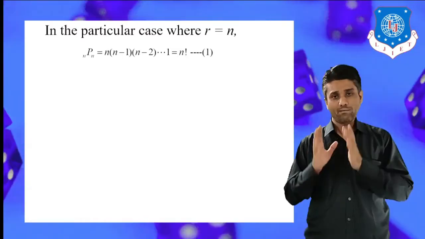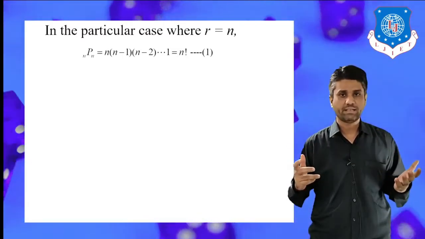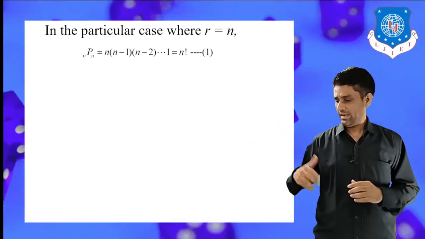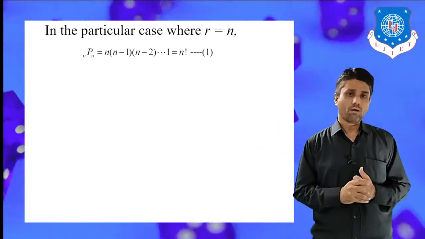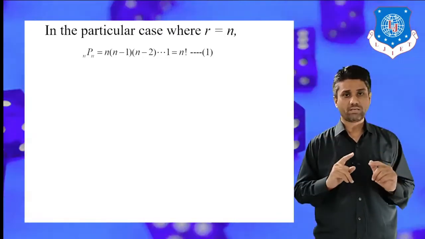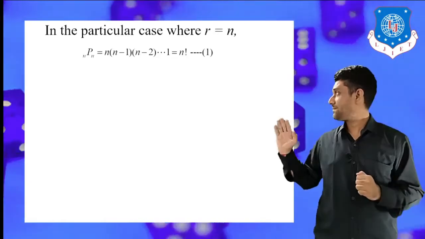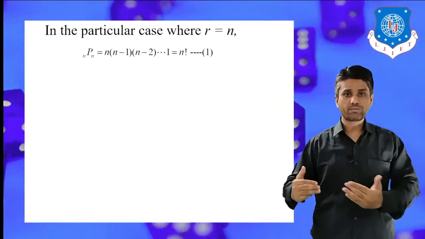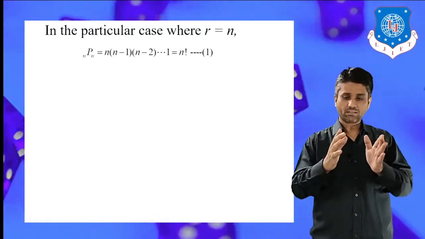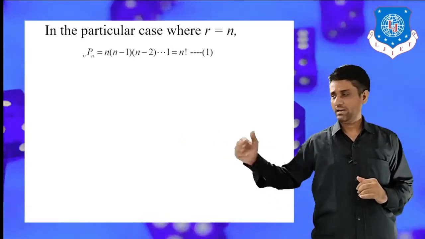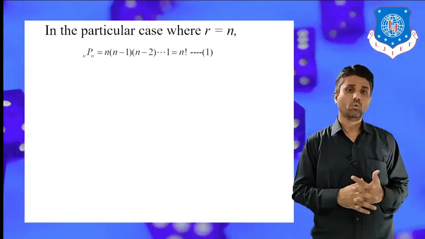The possibility of drawing the first object is n, the second is n minus 1, and the possibility of drawing the rth object is n minus r plus 1. But here our aim is to draw all n objects, so the same formulation extends: n minus r plus 1, and so on, down to 3, 2 and 1.